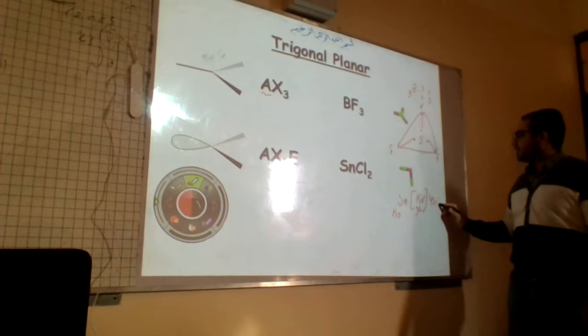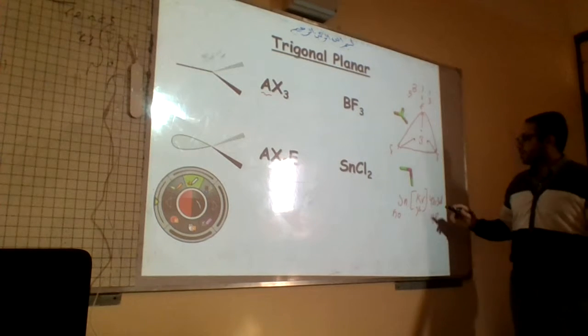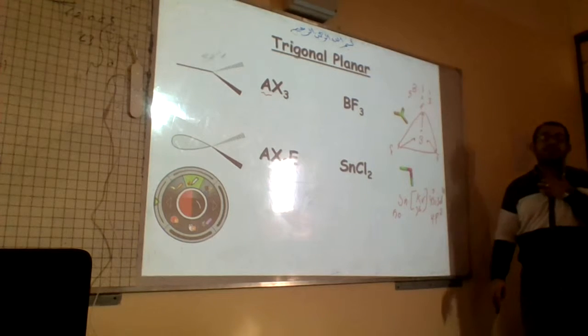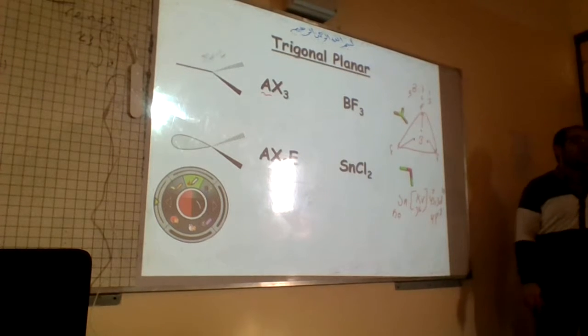Then 4s2, 3d10, 5p2. What is the number of electrons in the outermost shell, the valence shell?